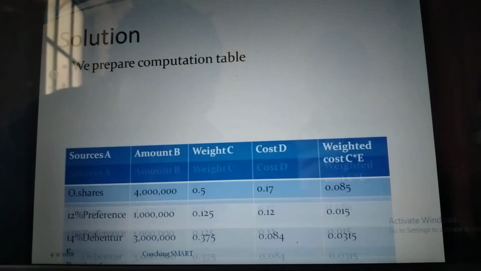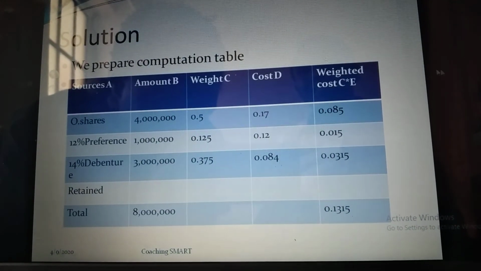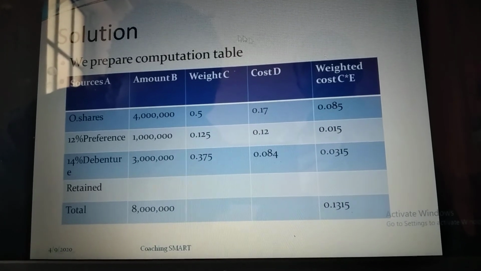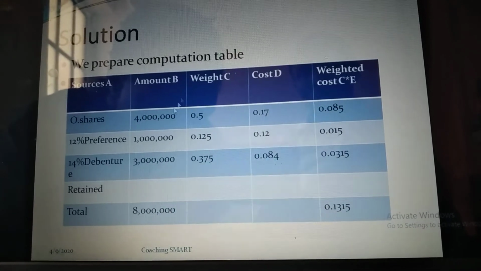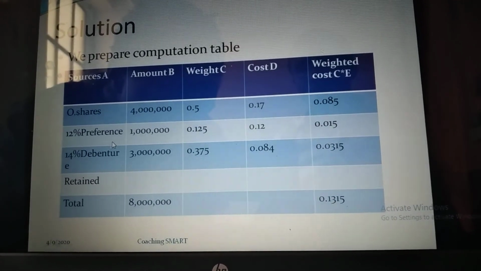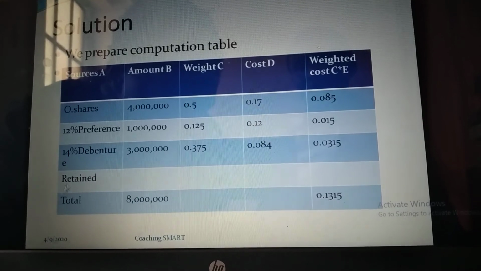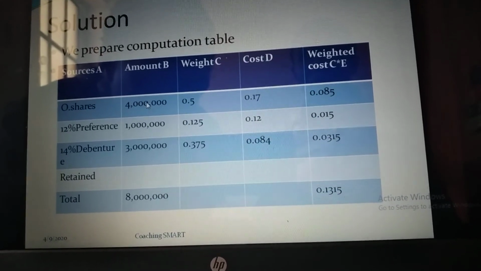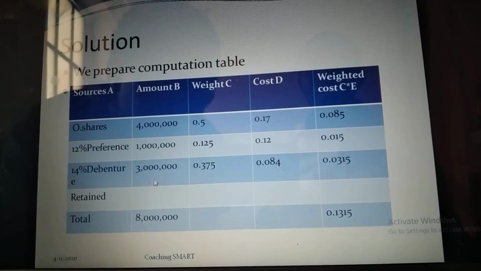So we go back to the table. Now this is the table which will help us in computing the composite cost of capital. Now we have source: ordinary shares, preference shares, 14% debentures, and retained earnings, which we don't have. From the question, we have amounts 4 million, 1 million, 3 million.